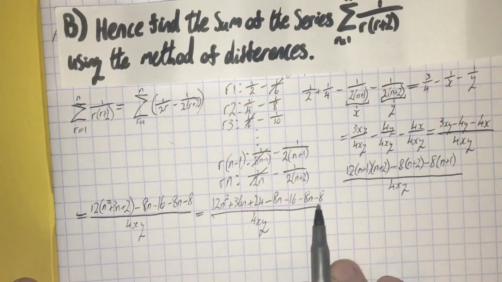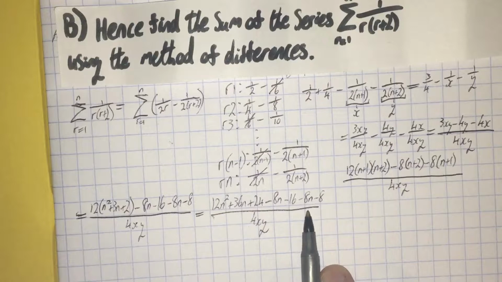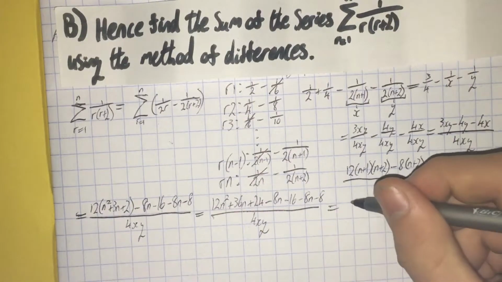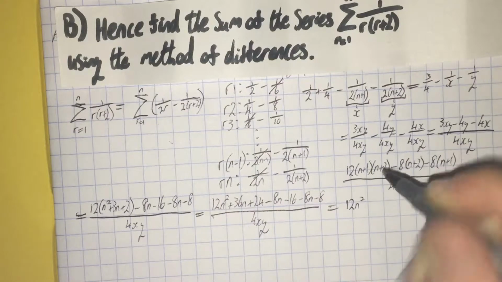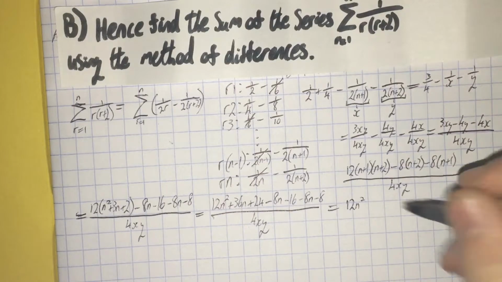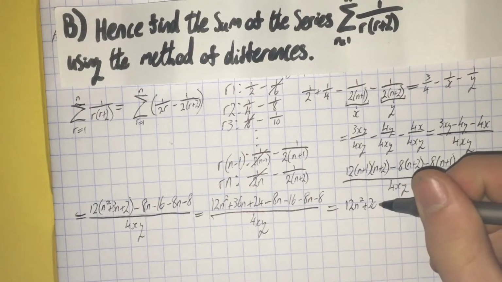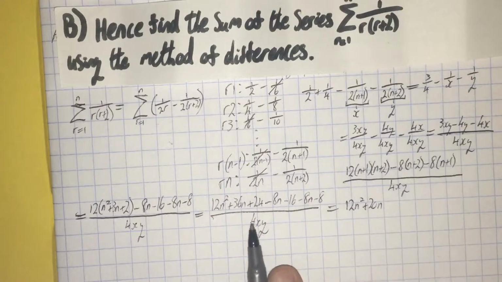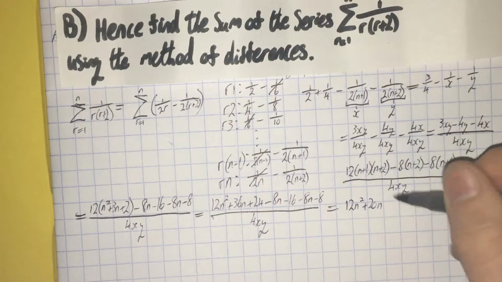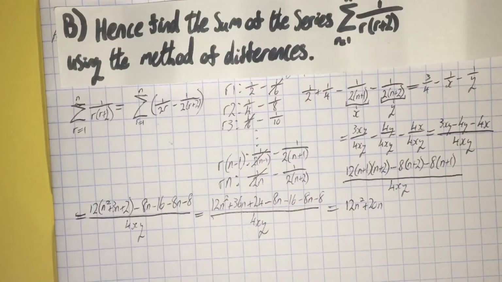Now obviously things can simplify here, so this will still give us 12n squared, but now we're going to have 36 minus 8 minus 8, which will give us 20n. Then we shall have 24 minus 16 minus 8, which is 0, so we needn't put anything for that.